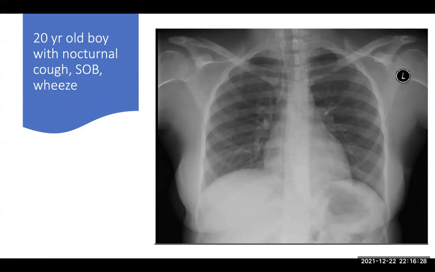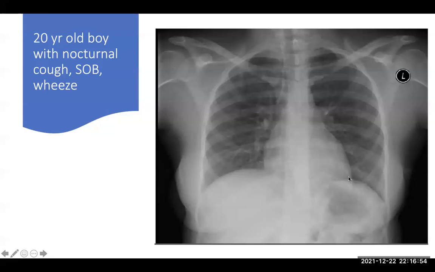Without clinical knowledge or clinical history, it is very likely to miss the diagnosis. So I am telling you repeatedly, always try to get the history and examination of the patient. If you do not have the patient in contact, then when you get the X-ray, you can make up a story for this patient.